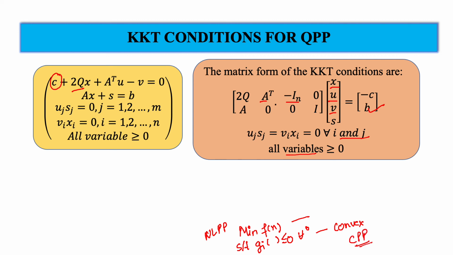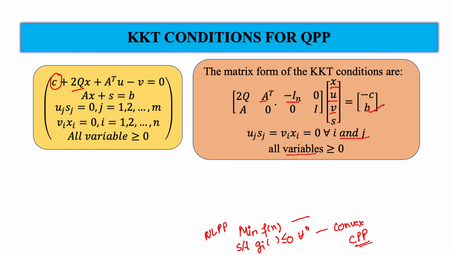Now in QPP all the constraints are linear, meaning all constraints are convex, so it is sufficient to see under which condition the involved objective function f is convex. If the involved objective function is convex for some particular Q, then we can say that this problem will be a convex programming problem, hence the KKT conditions will be sufficient.